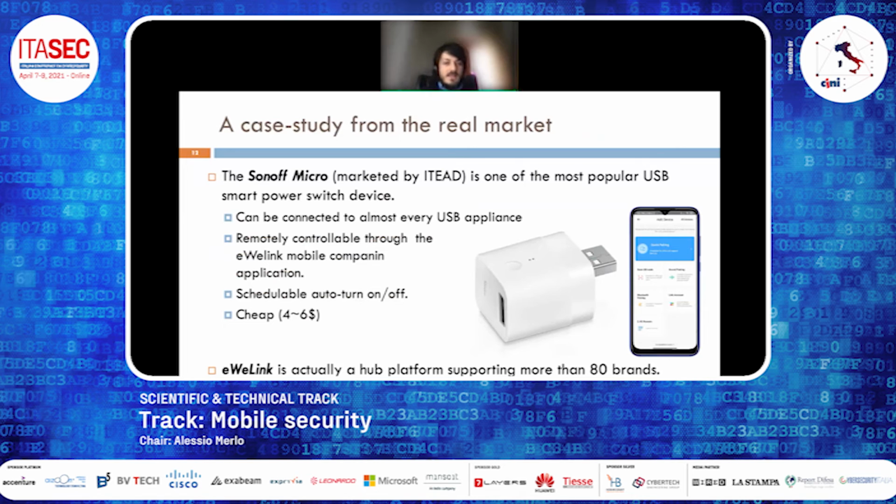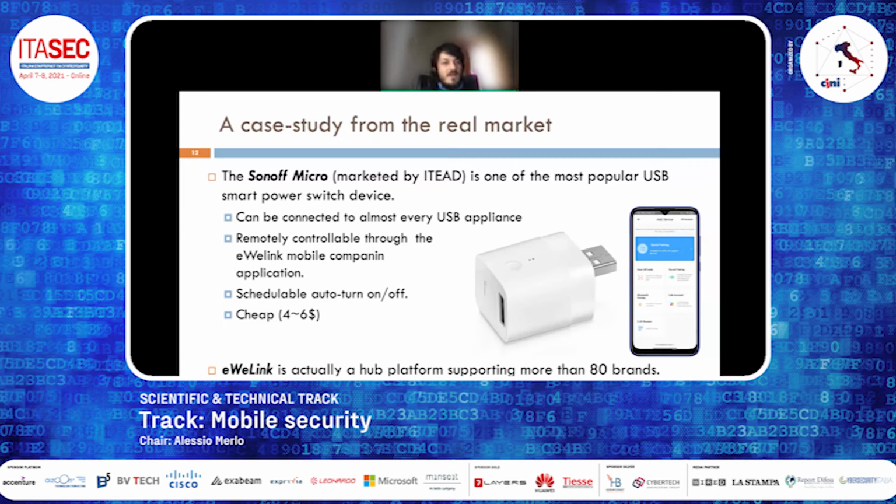For our case study analysis, we selected the Sonoff Micro, which is a device marketed by eWeLink. It is one of the most popular USB smart power switches. It can be connected, for example, to your smart charger, and can be programmed to cut off the power at a certain time schedule.